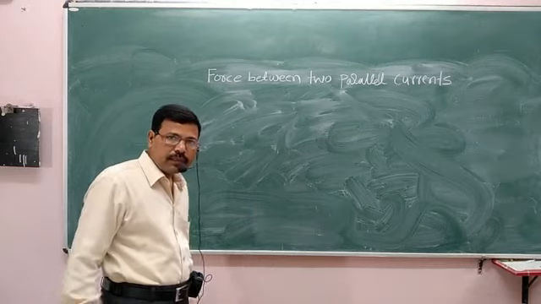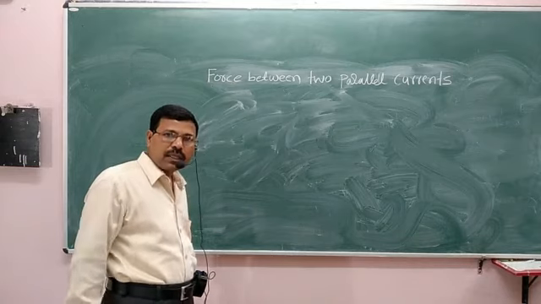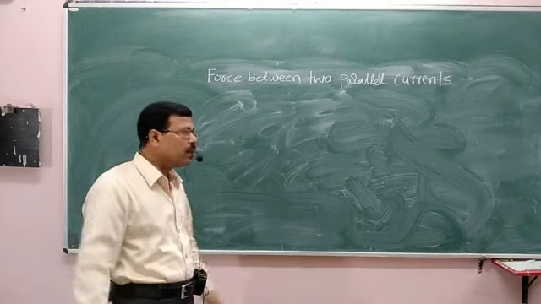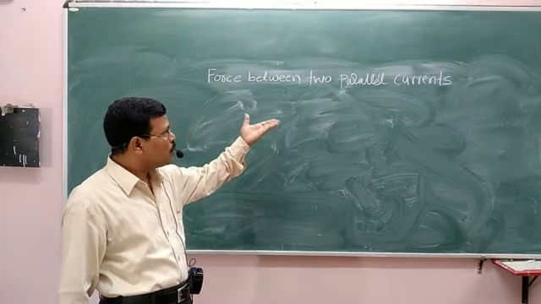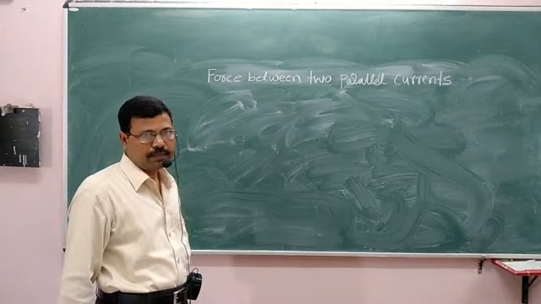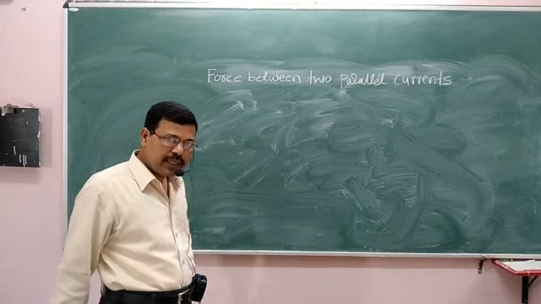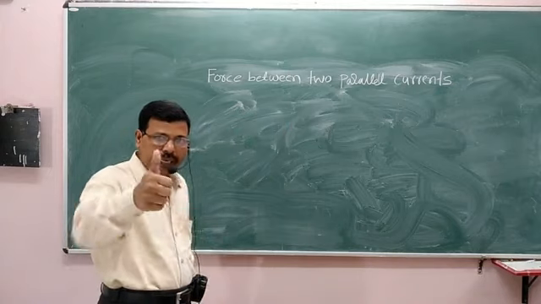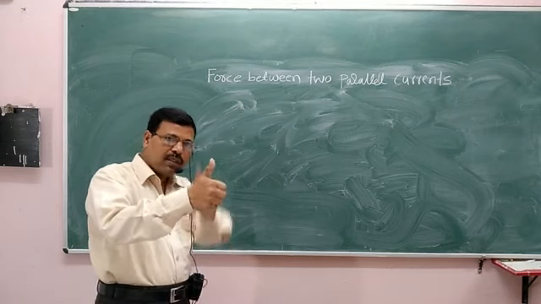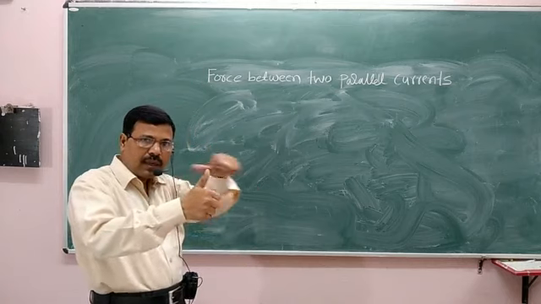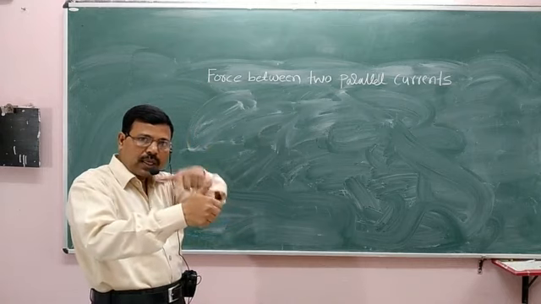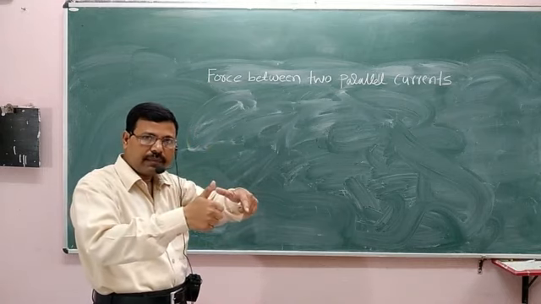In today's session, I have planned to discuss a very important topic, that is force between two parallel currents. As we studied, according to the right hand thumb rule, if the thumb shows the direction of the current, the curled fingers show the direction of the magnetic field.